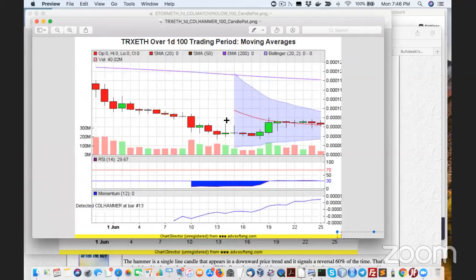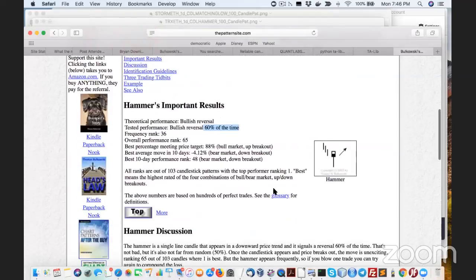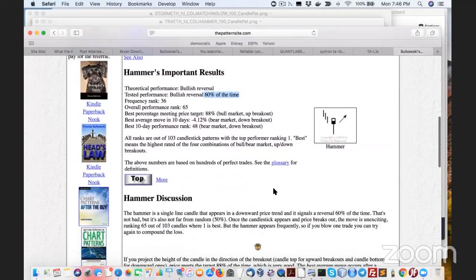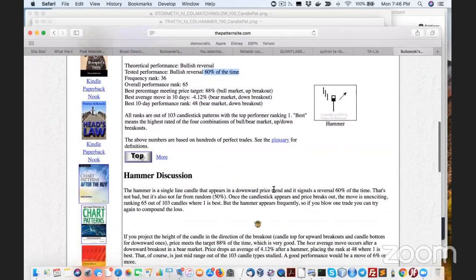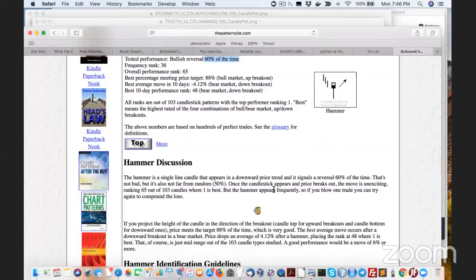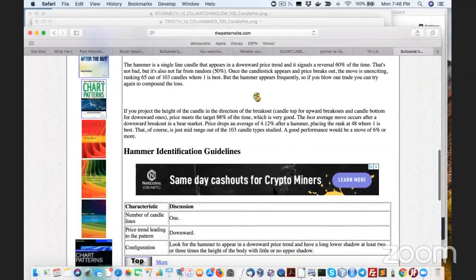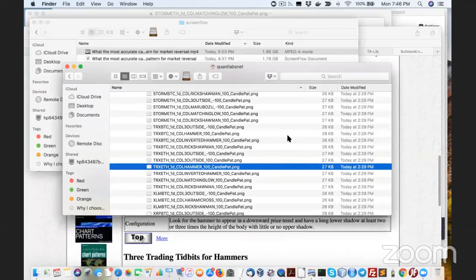But I can show you also examples where it actually continues to go down. So it's very important to understand that, but we're lucky that we have this as a resource. This guy spent who knows how much time testing these candlestick patterns, and we can use this to our advantage to determine if we have a market reversal or not. So that's the logic of this stuff.